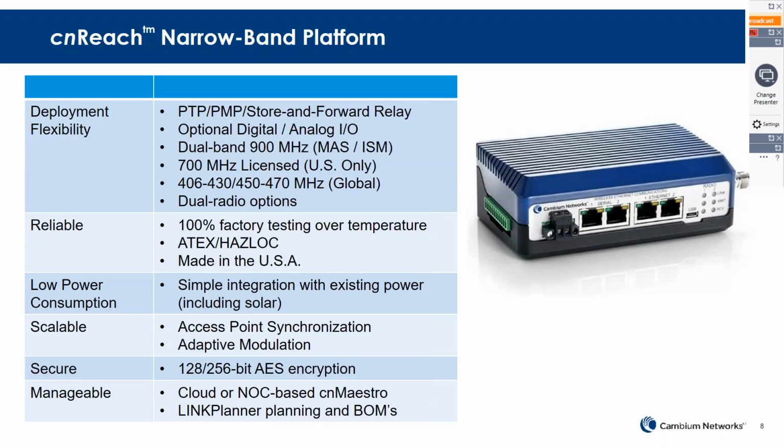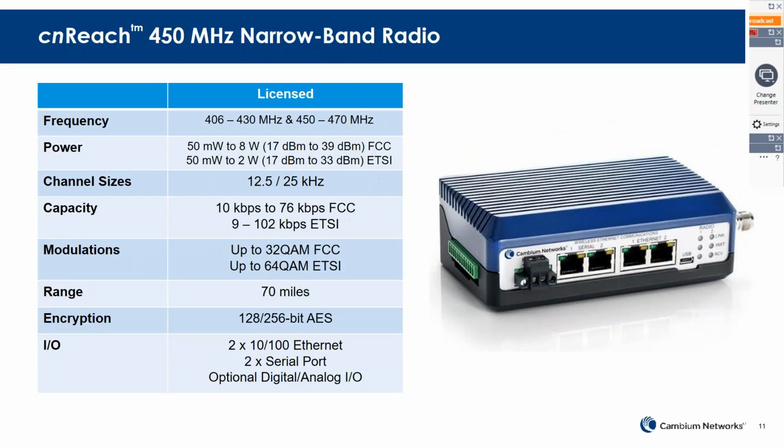And this radio is manageable using our cloud-based or NUC-based CMS platform. And if you want to design your network, you can use Link Planner to plan the link budget, and so on. So now to each product. This one shows the 450 megahertz narrowband radio.